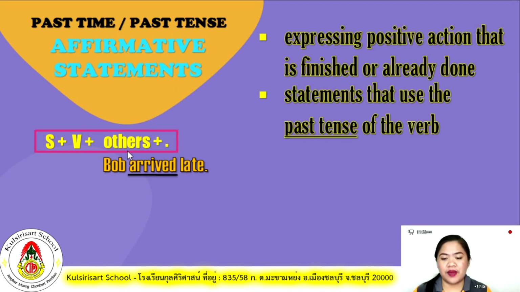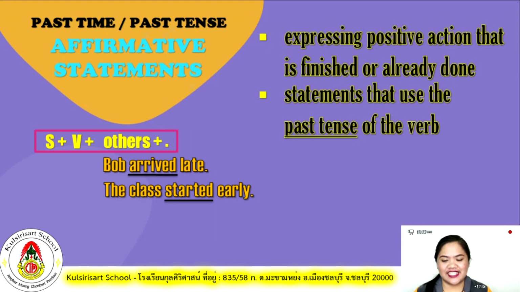But always remember, if you're talking about affirmative statements in the past, in the simple past, we are going to use subject plus verb and others. Just like this. Bob is the subject, arrived is the verb which is in the past tense, late is an adjective.